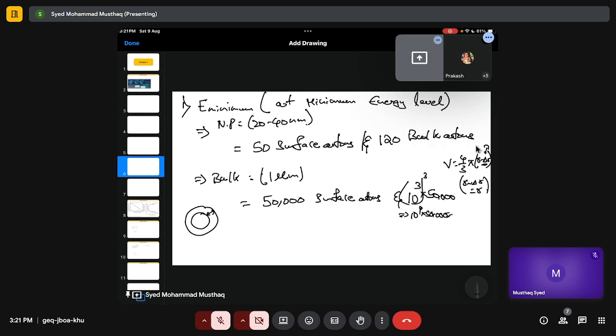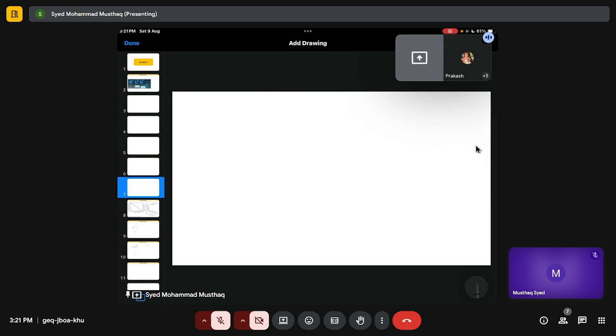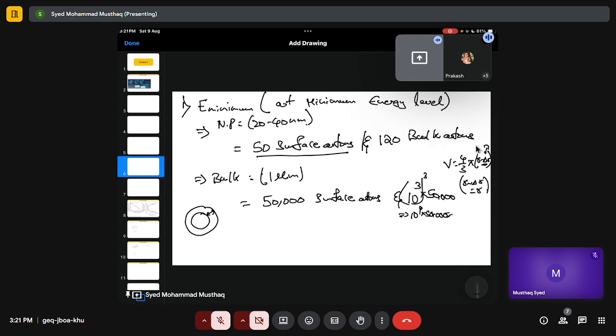Okay? Now, let's draw. So these 50 surface atoms have lost one atomic bond. So let's define a term. Let's say the bond breaking energy, right? So let's take it as epsilon, the energy required to break one bond, okay?